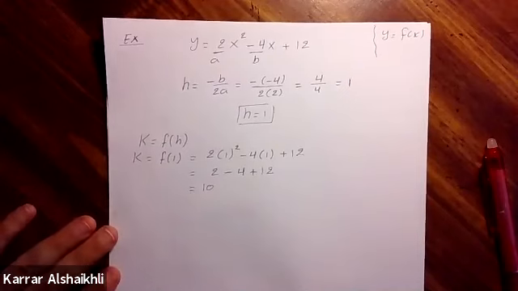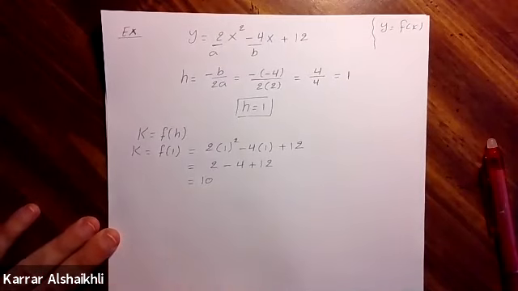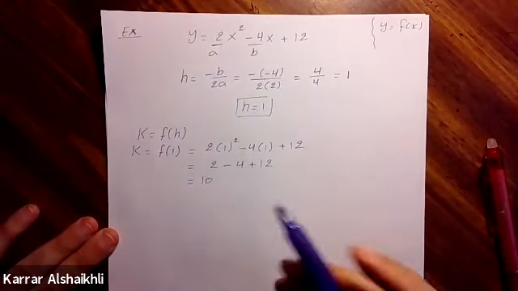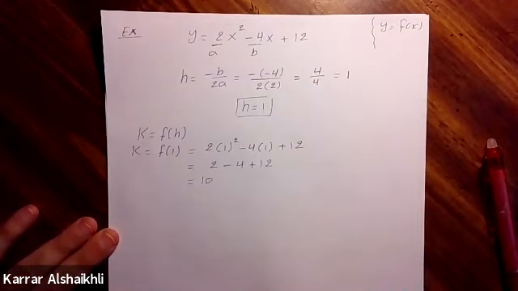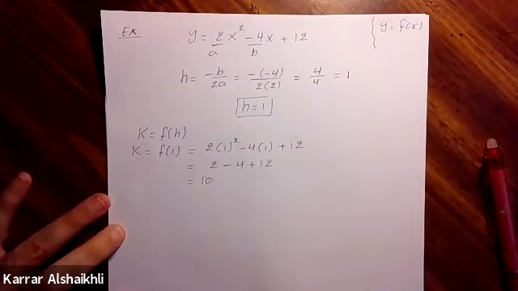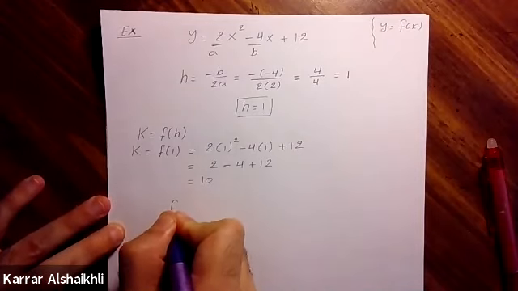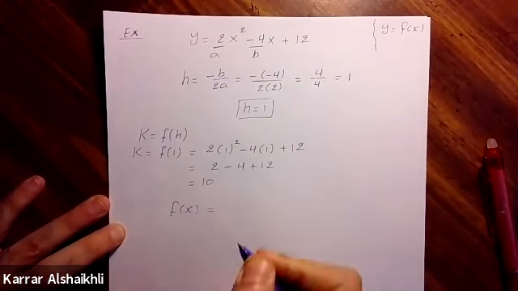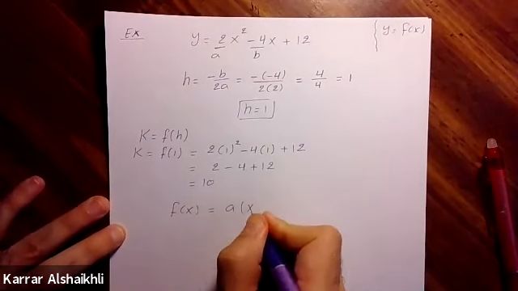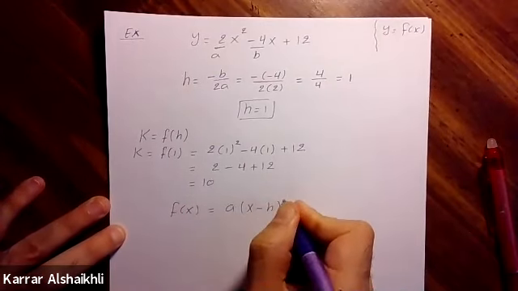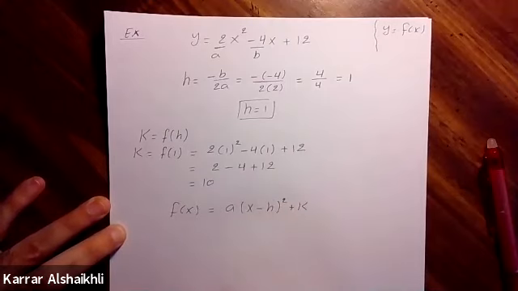So this is the h. Now we have the h, and this is the k. Now we just have to write down the vertex formula, which is, you can write down y, you can write down f of x, because it's the same thing. A times (x minus h) squared plus k.